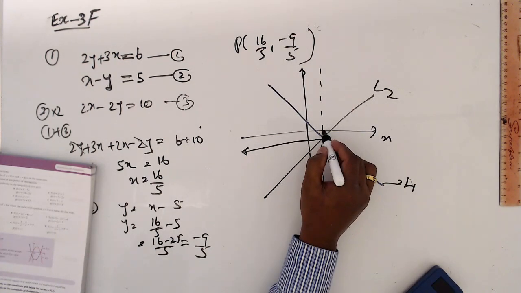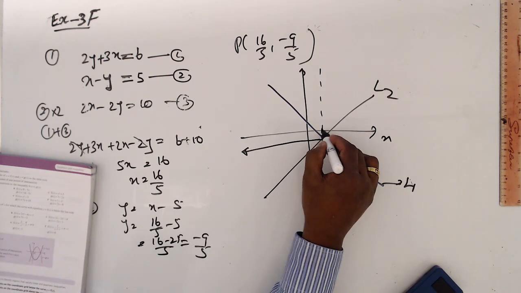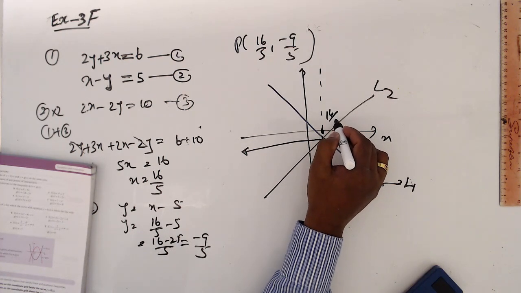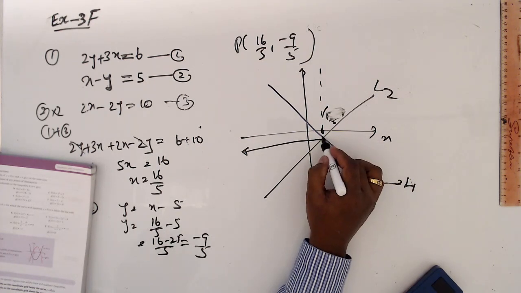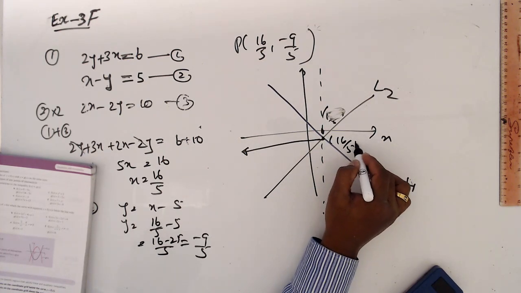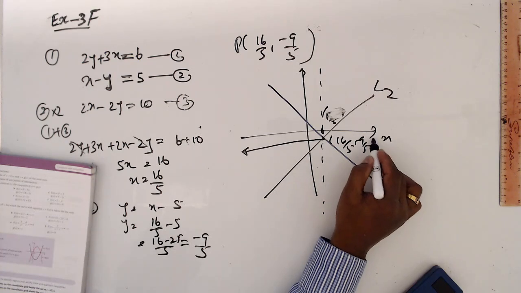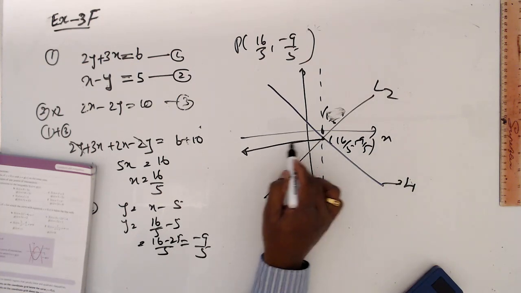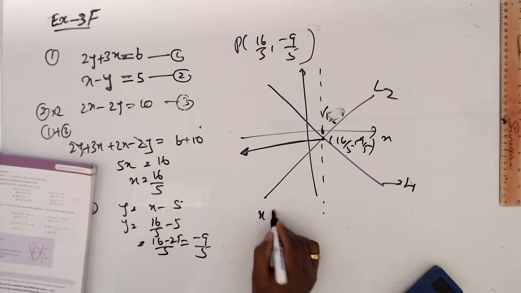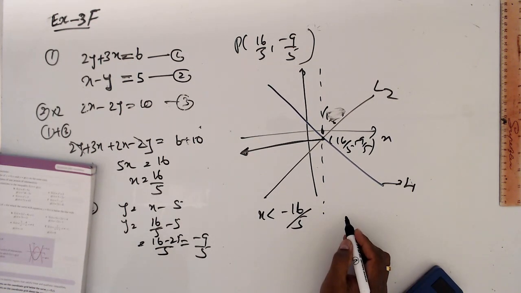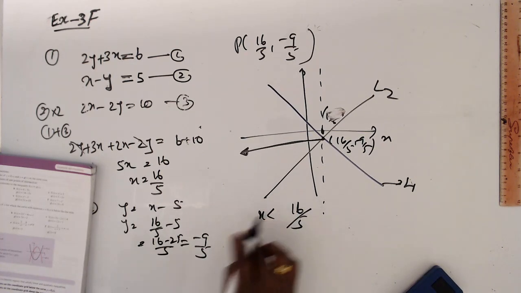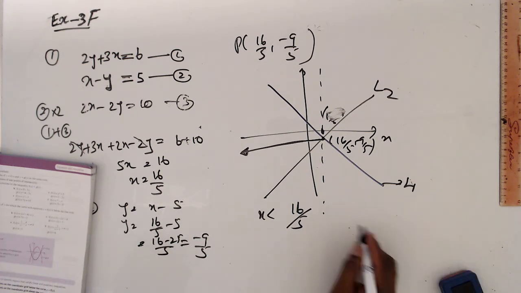So the x value of this one is 16 over 5. This one is 16 over 5, minus 9 over 5. So x less than 16 over 5, not minus, 16 over 5.